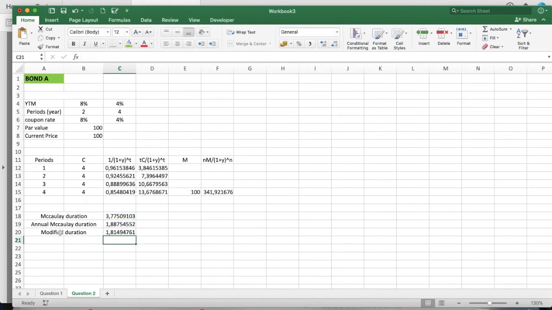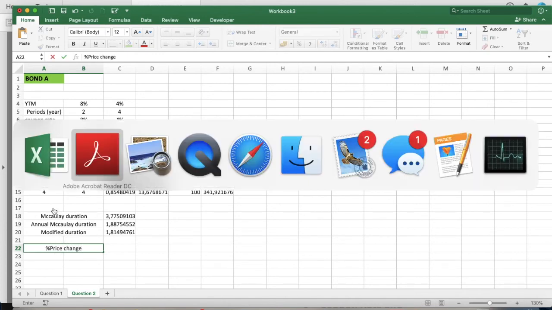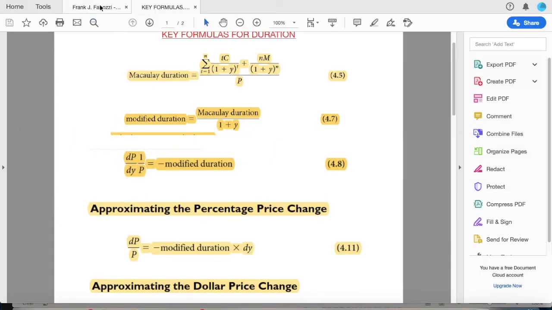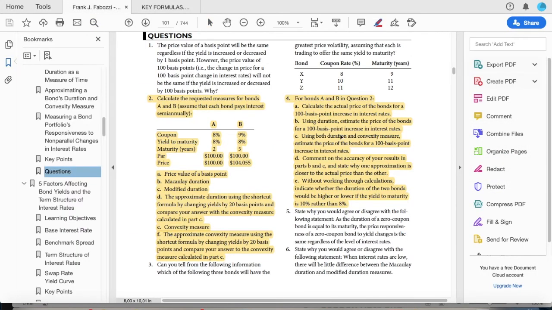And finally, the percentage price change, because we are asked to find the estimate of the price change of the bonds for a 100 basis point increase in interest rates.